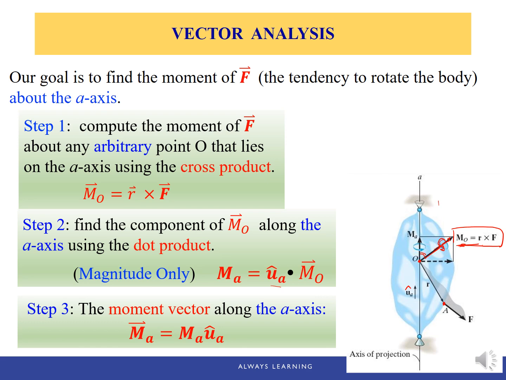Similarly, if we need to find the moment vector along the A axis, we use the magnitude times the direction. Again, the direction is just UA, the unit vector along the A direction. This will give us the moment of the force F about the A axis.